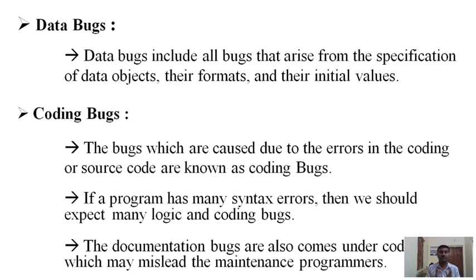After developing the program, we need to maintain it. How the maintenance goes on is based on the documentation developed when the project was developed. If the documentation contains errors, then it misleads the maintenance programmers.